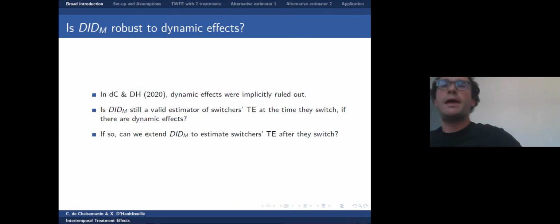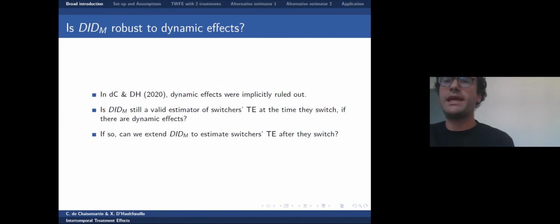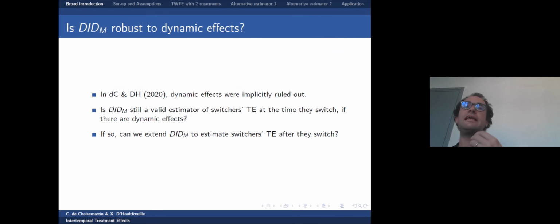So in our previous paper, we had implicitly ruled out dynamic effects, which raises the question of whether this DIDM estimator is still a valid estimator if you do have dynamic effects.